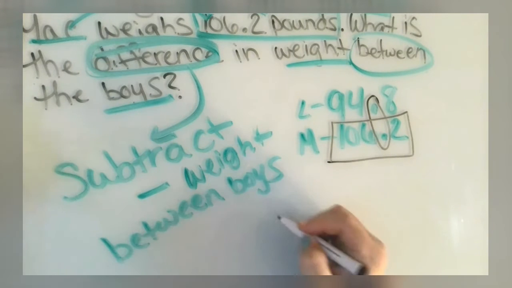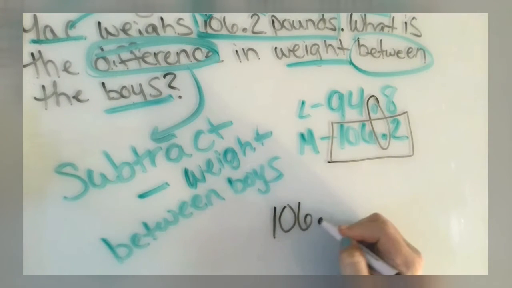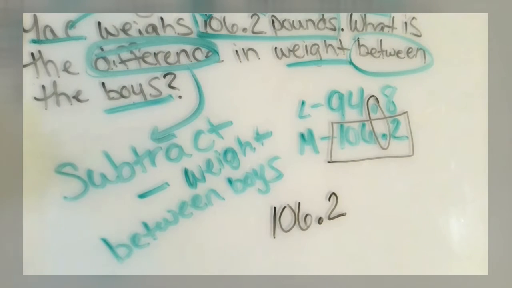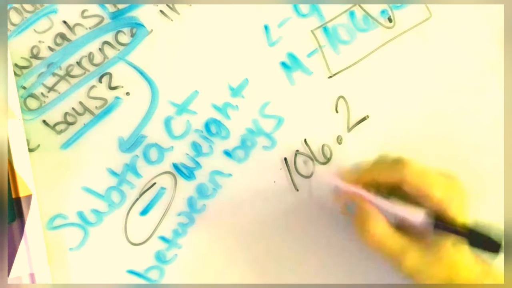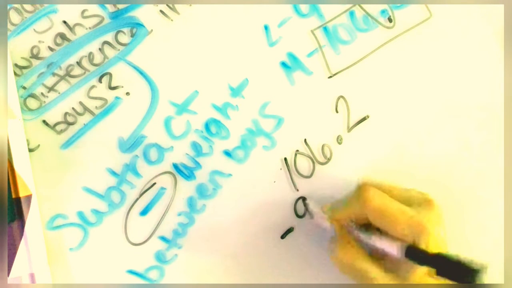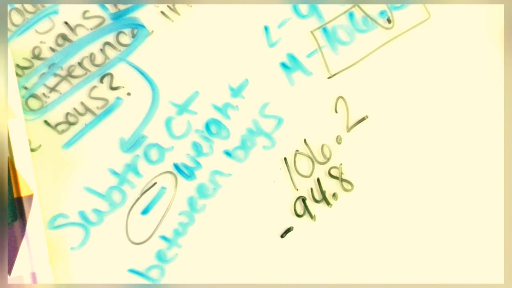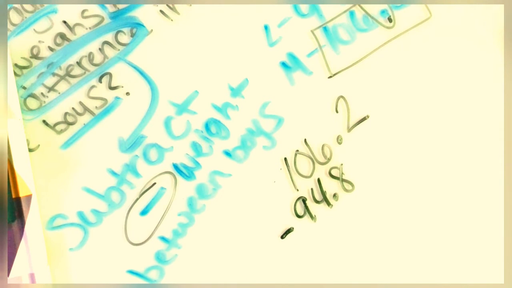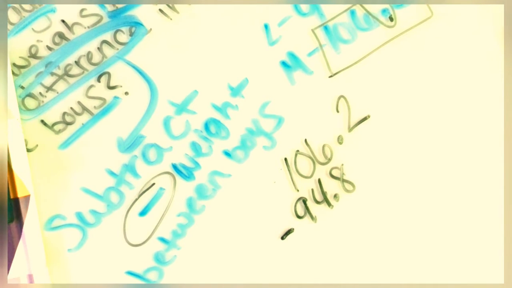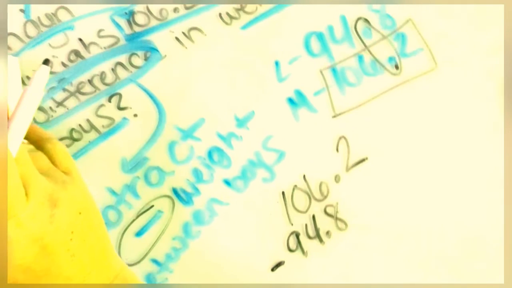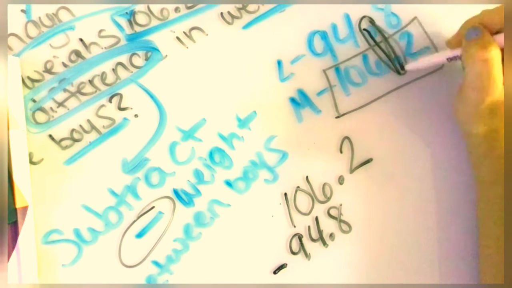So you would write 106 point 2. 106.2. So we have our 106.2, and then we said we're going to subtract, so we need our minus sign, and we said 94.8. If you remember, the first thing I just told you was to line up your decimals.